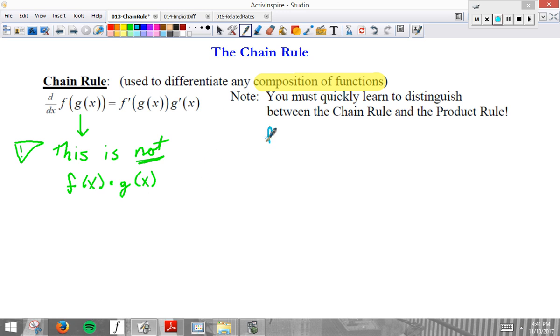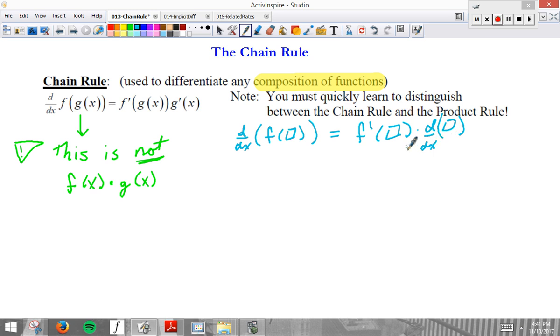If it was f of box, it would be f prime of box times the derivative of the box. Okay? I'll write it like this. Okay? Be careful. We keep the box the same and then we take the derivative of it.